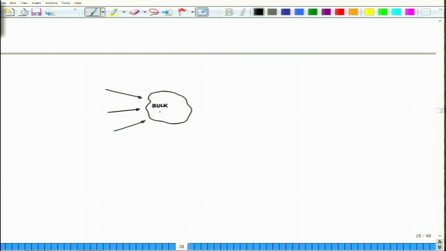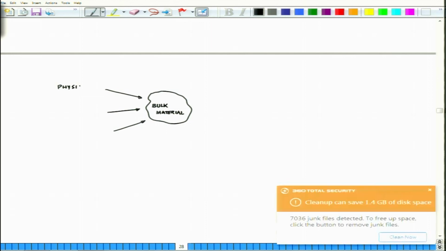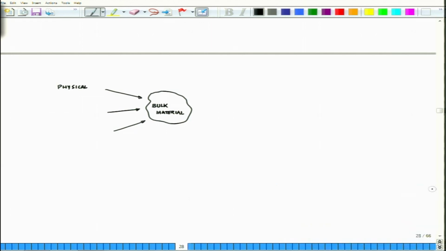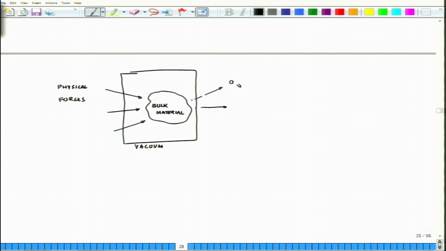Here is your bulk material, these are the physical forces, and you are applying the physical forces in most of these situations in a vacuum situation, and you are making thin films by depositing them, and all sorts of different kinds of things you are achieving by using these techniques.